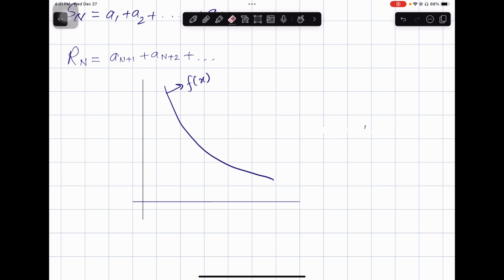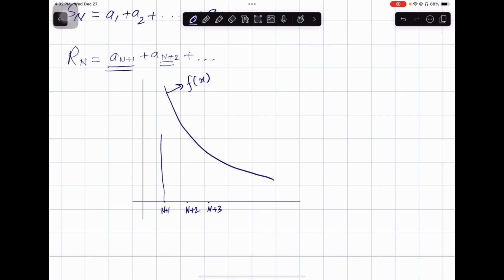Since the remainder is concerned with a(n+1), a(n+2), and so on, let's say the points on the x-axis are n plus 1, n plus 2, n plus 3, and so on. Let me just do till n plus 3. So they are the points on the x-axis.